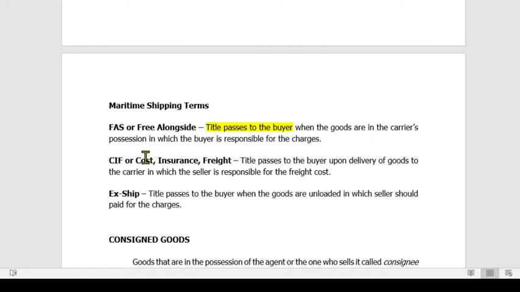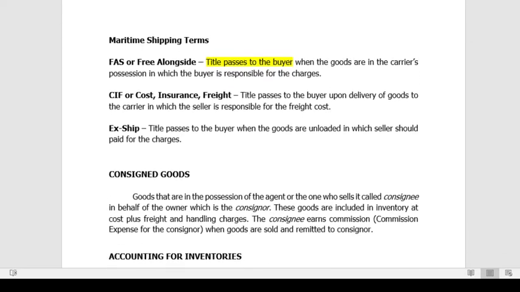Parang sinasabi kasi dito kaya siya cost, insurance, and freight ay yung amount paid by the buyer includes the cost of the item, the insurance of the item, and the freight on the item. Kaya yung seller ang responsible on the freight or the delivery charge.